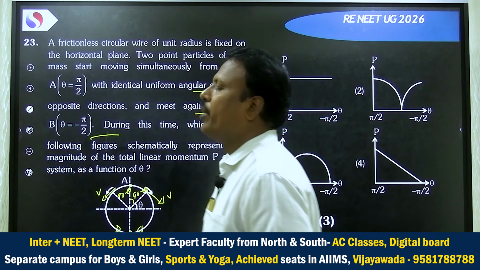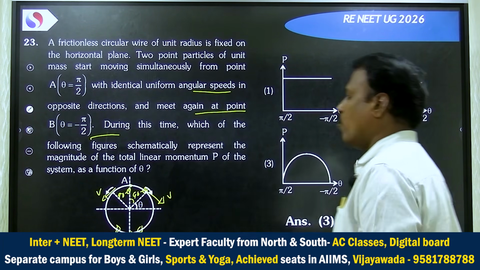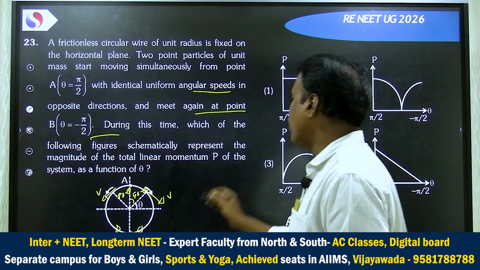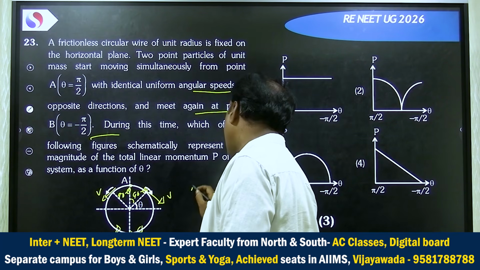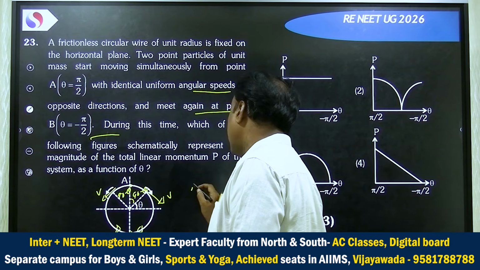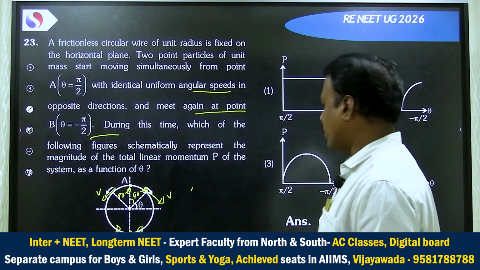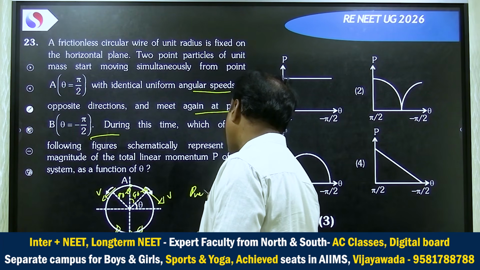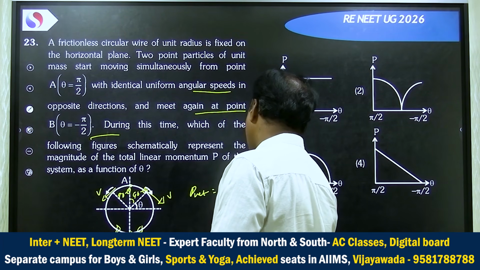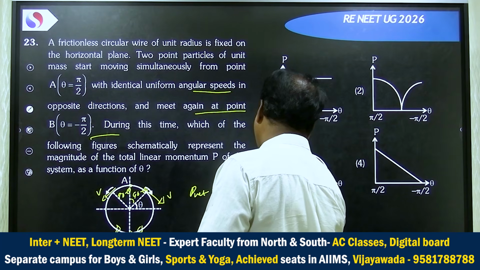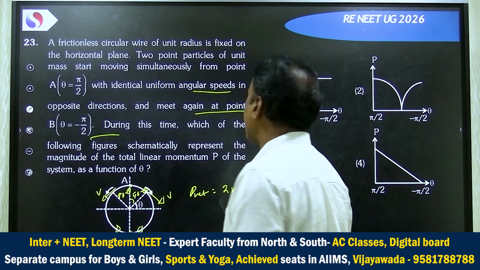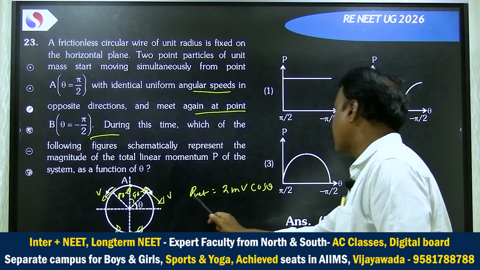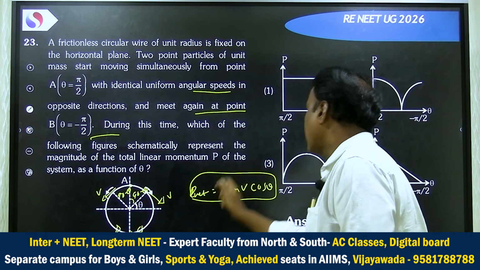By using the component method or the parallelogram law, we can use both for addition and subtraction. You get the net momentum as 2mv cos theta. That means the net momentum of this problem obeys cos theta.